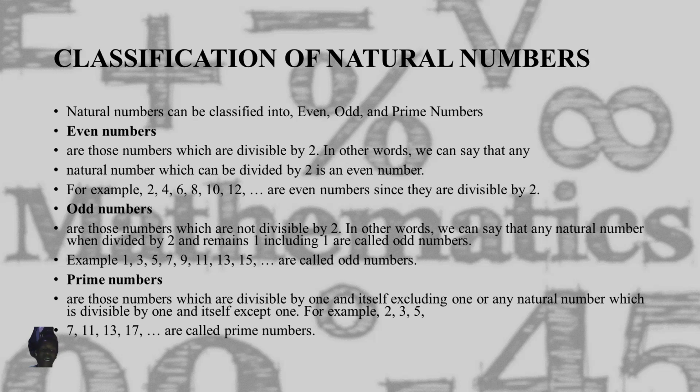Prime numbers cannot be divided by any other number, but odd numbers can be divided by other numbers. Let's say 9: 9 can be divided by 3, by 9, and by 1. But 13 cannot be divided by any other number. This means that 13 can only be divided by itself and 1, so that's why it is categorized as a prime number.